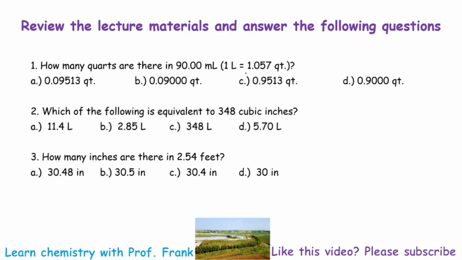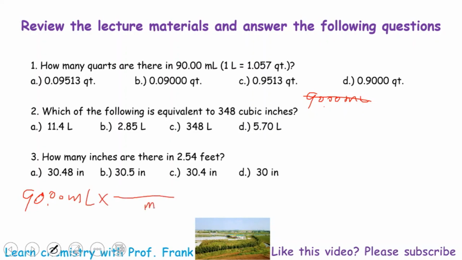We start with what we know. 90 milliliters. So first we need to convert from milliliter to liter, because you see in the relationship liter is there. That's a related unit. 1 liter is 1,000 milliliter. Okay.